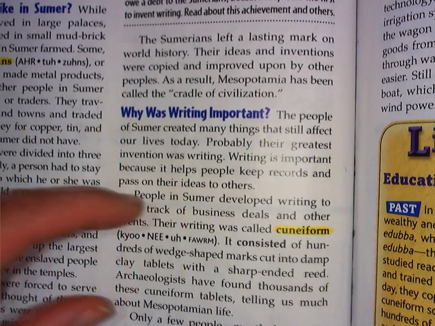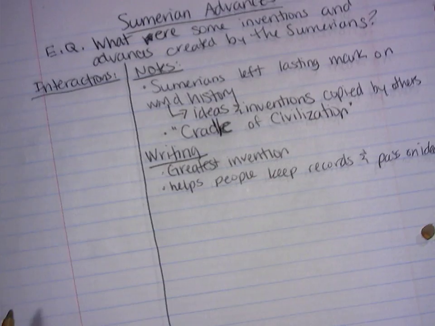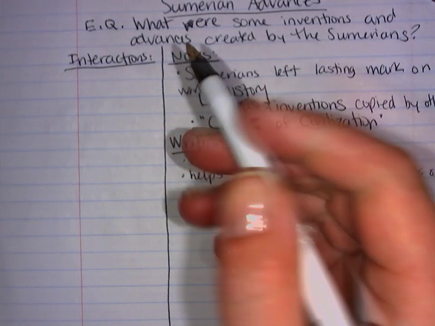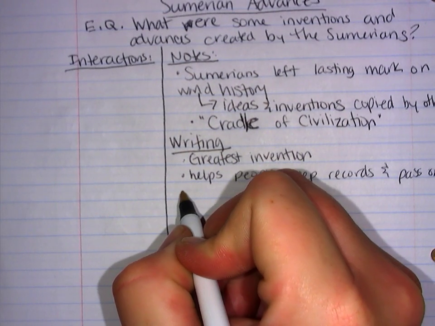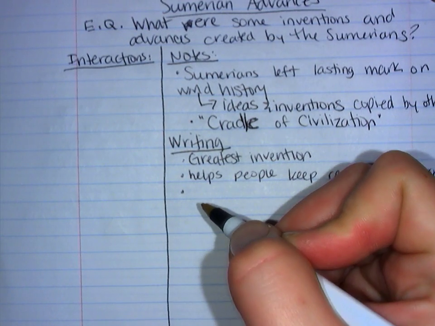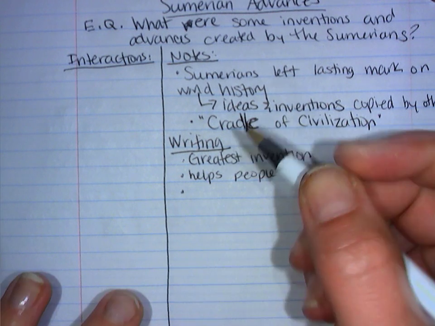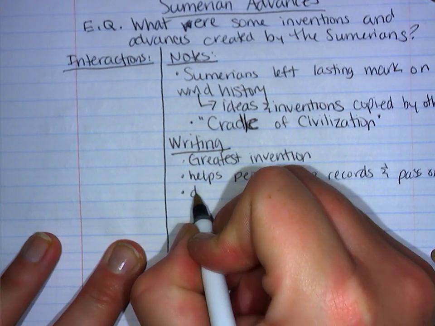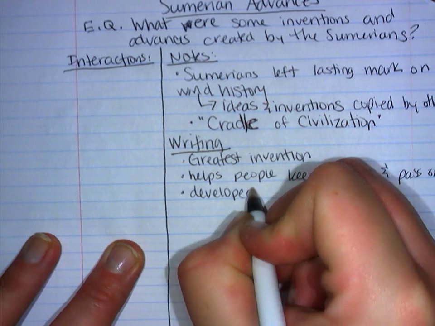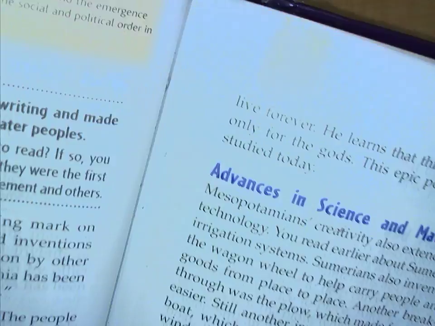So, paragraph here, important about cuneiform. Let's talk about that in our notes. I'm going to add the reason why they developed writing. Do you remember what it said? To keep track of business deals and something else.